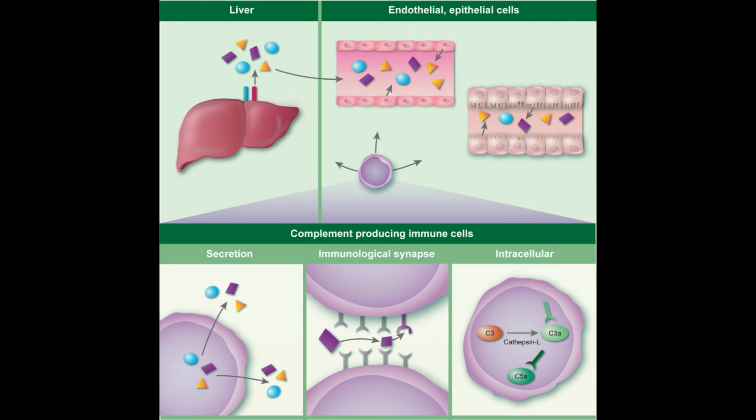Now we're going to look at the recognition unit. The first complement component to bind is C1, a molecular complex of 740,000 daltons. It consists of three subunits, C1q, C1r, and C1s, which are stabilized by calcium. The complex is made up of one C1q subunit and two each of the C1r and C1s subunits.